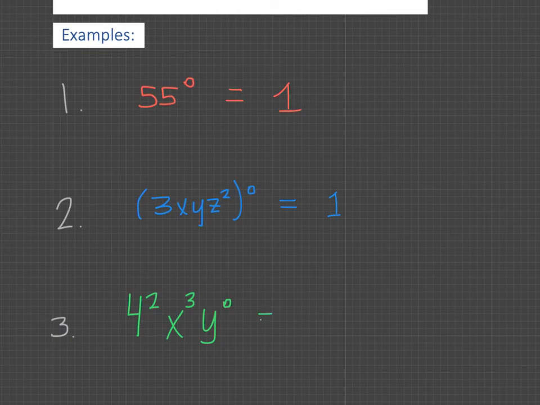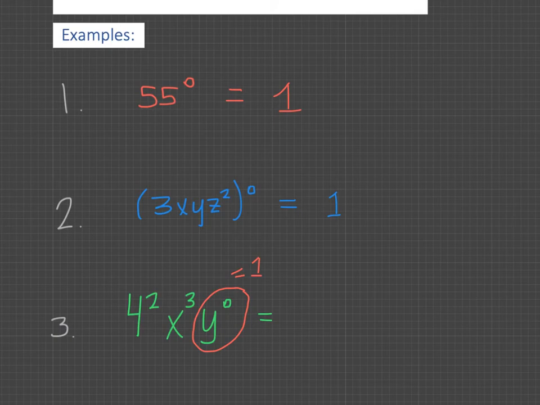Now let's look at the next one. We have 4 squared x cubed times y to the 0. The only piece that has 0 as an exponent is the y. So y to the 0, that equals 1. But notice that we have 4 squared. Well, that does not have an exponent of 0 on it.